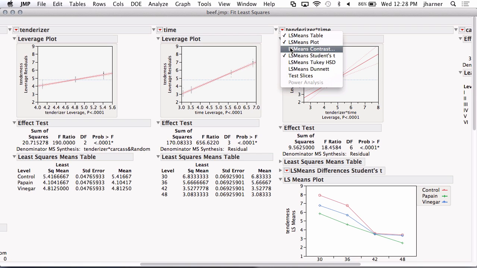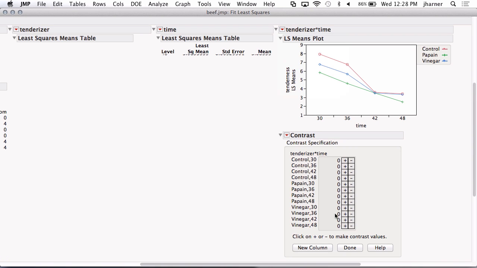You could do your own contrast here. This looks at control 30, 36, 42, and 48 per paint. In other words, there are 12 of those. And you could do your contrast like with the 30, 30, and 30. You could do the contrast within those.